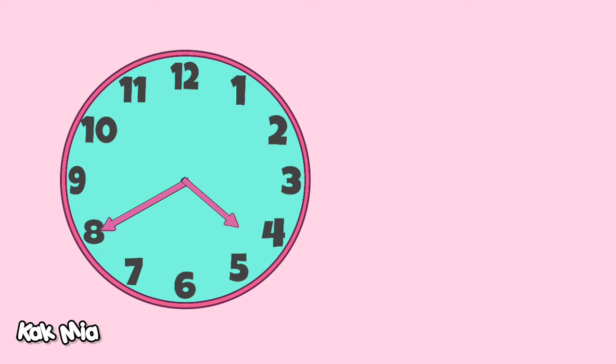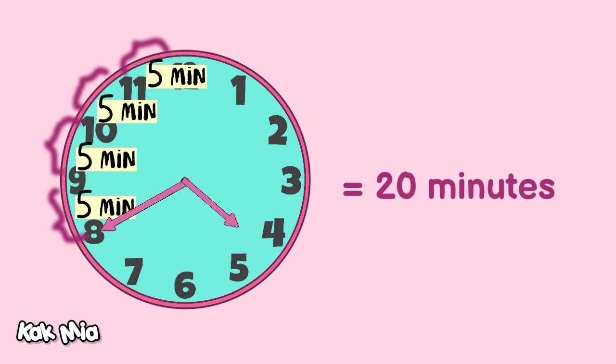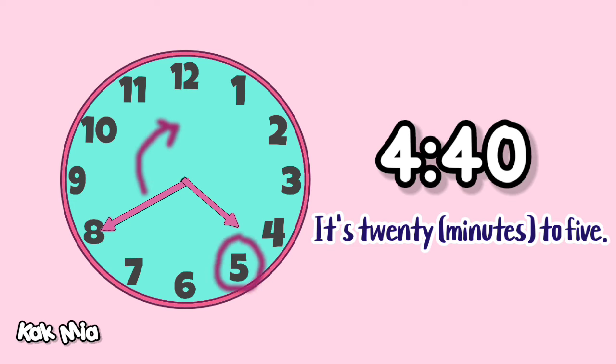Now let's count the minutes from the minute hand to number 12. 5 minutes plus 5 minutes plus 5 minutes plus 5 minutes equals 20. It means it is 20 minutes. So we can say it's 20 minutes to 5.